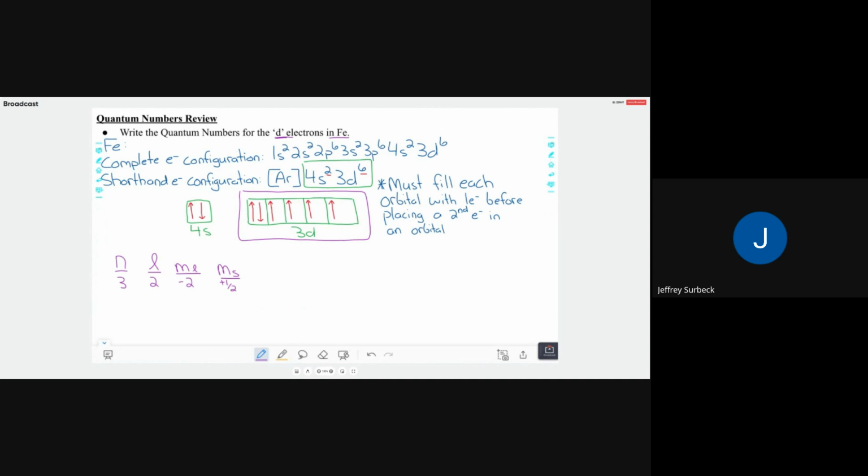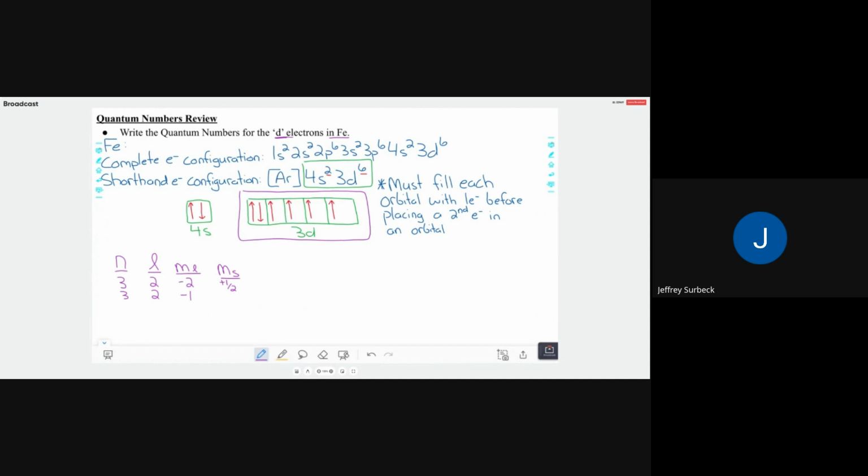Now I'm going to go to the next orbital, the next up arrow, the next box here. I'm going to skip over the down arrow just for now, and then we'll get to that at the end. It's still in the third energy level. It's still in the D sublevel, so it's given a 2. But now I moved one box over. I have to abide by my timeline there, and so we would get a -1.